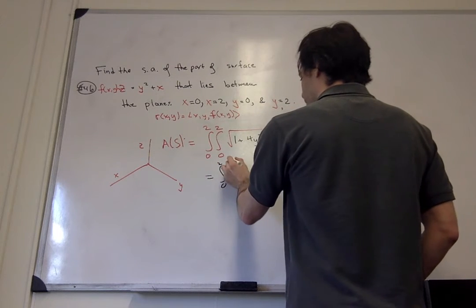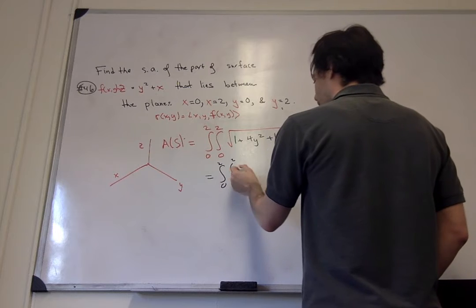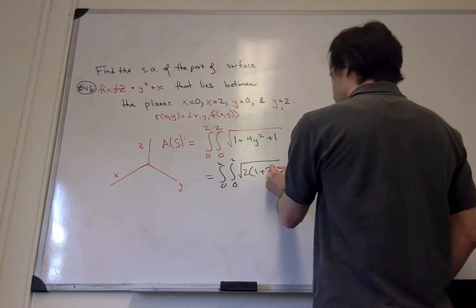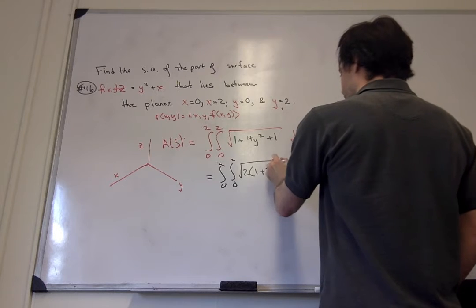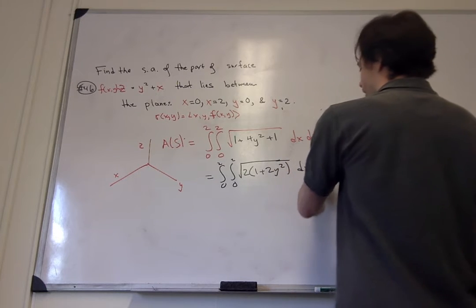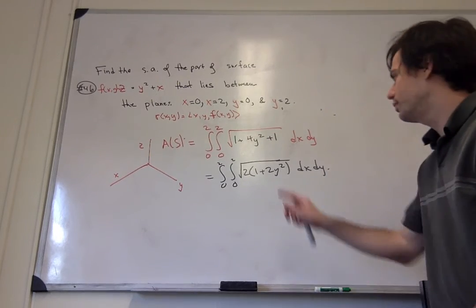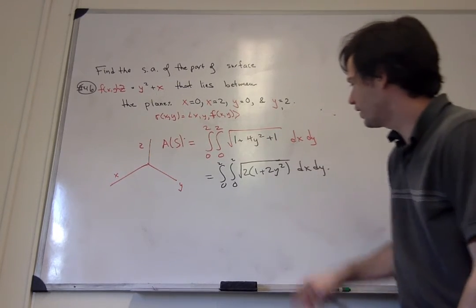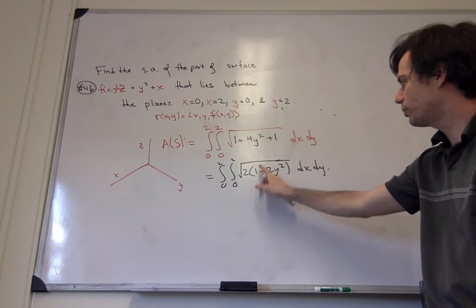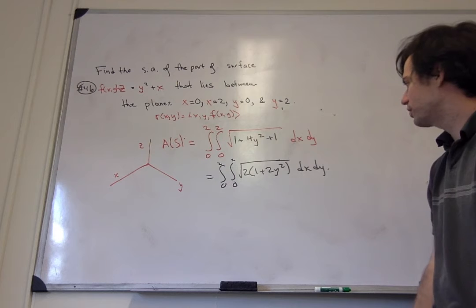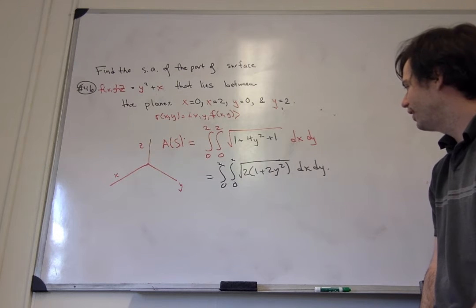So in summary, I have this. If I factor out a 2, I have that. All I did was add 1 and 1 to get 2, and let's just check: 2 times 1 is 2, 2 times 2 is 4. So this is all correct.